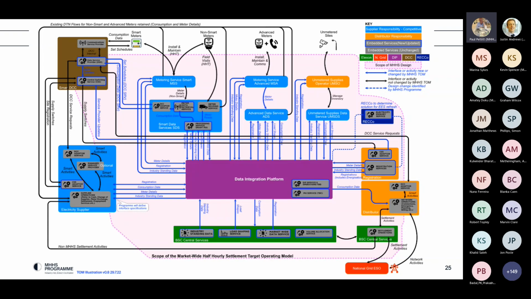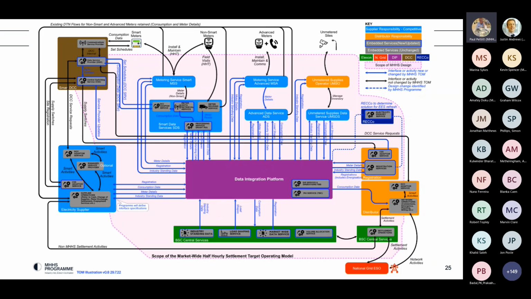So SDS, ADS, the suppliers, and we've got Alexon at the bottom. All the new flows and the new data is highlighted in blue there. Existing flows that go around essentially on the DTN, the data transfer network, are in black.